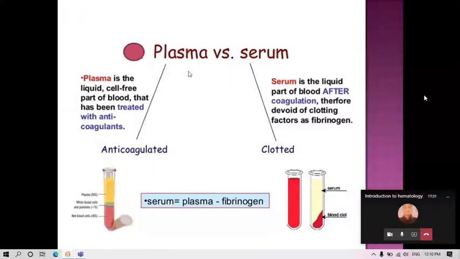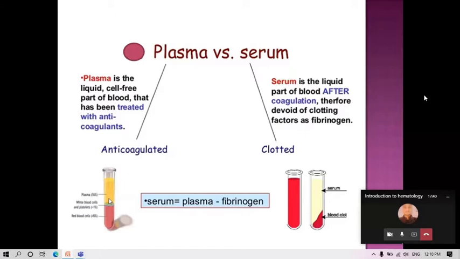So what happens when we order an investigation for a patient? We do not want the blood to coagulate, so we add an anticoagulant, which prevents the RBCs and platelets from coagulating.